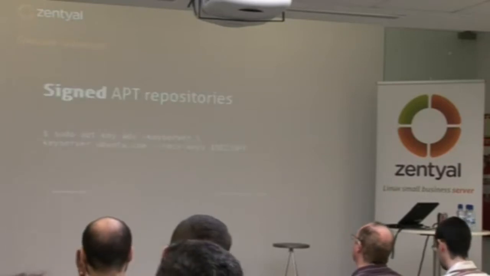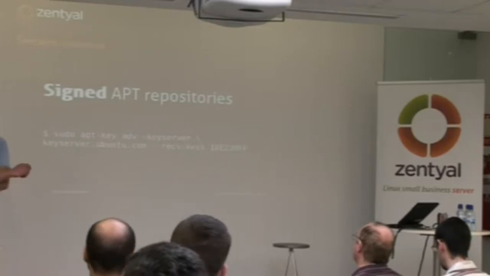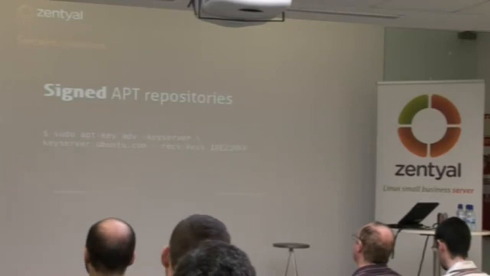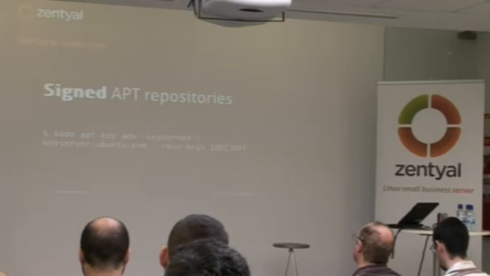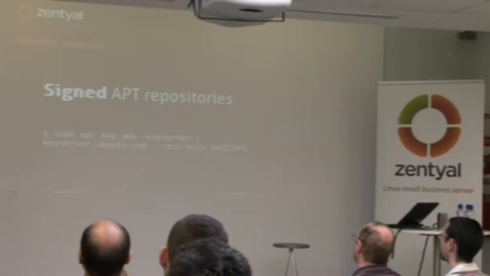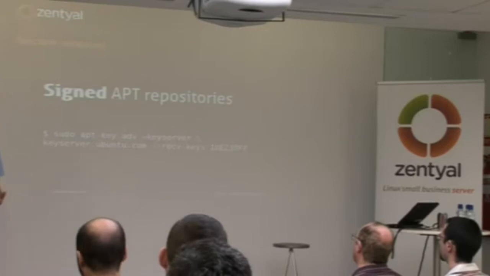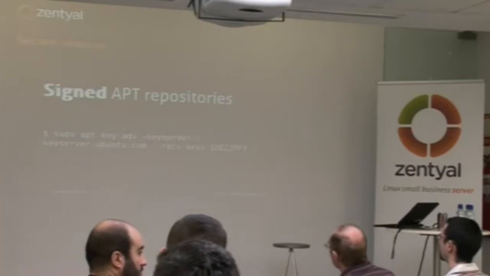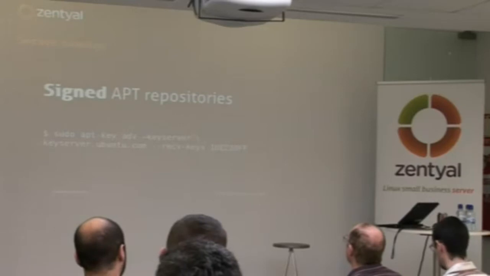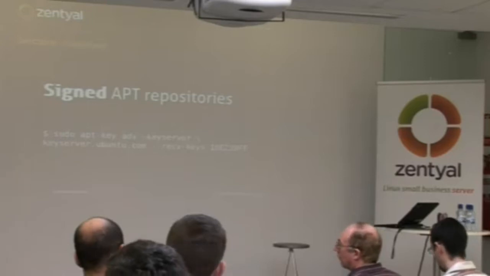Signed repositories. If you're using the Zentyal installer, this is done automatically out of the box. But if you are installing Zentyal on top of an existing Ubuntu server, when you add the repository from our PPA from Launchpad, and then you are trying to install Zentyal, APT is going to fail because it's not going to recognize the GPG signature.